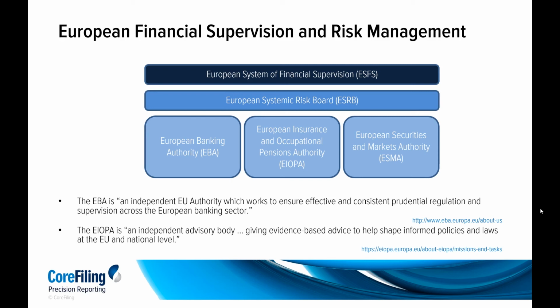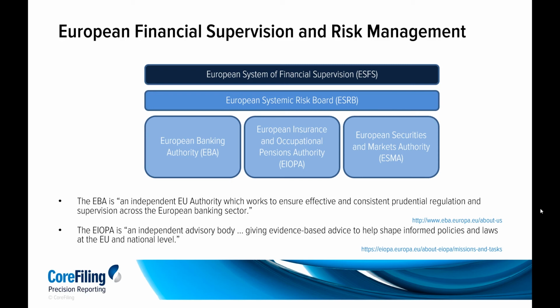The ESFS is made up of the European Systemic Risk Board and 3 European Supervisory Authorities, or ESAs. As you can see on the slide, these are the European Banking Authority, or EBA, the European Insurance and Occupational Pensions Authority, also known as EIOPA, and the European Securities and Markets Authorities, or ESMA.